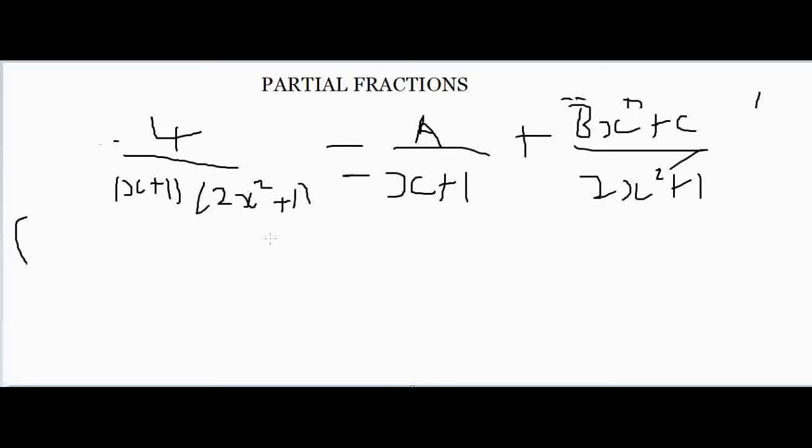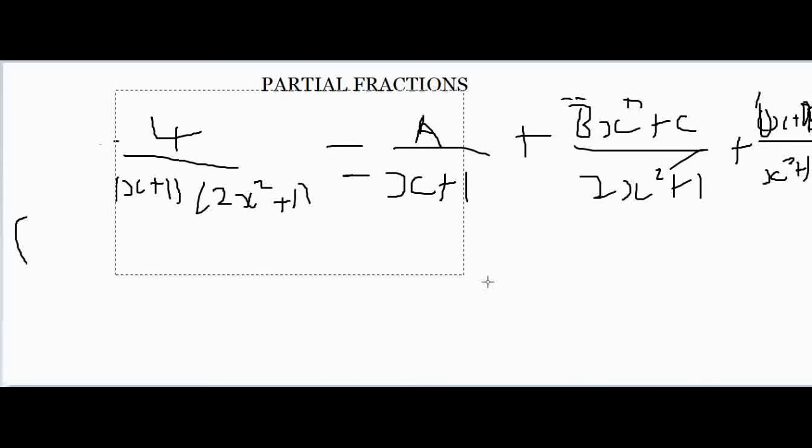If we had another quadratic factor, like say x squared plus 2, we would say dx plus e over x squared plus 2 to represent it. Okay, that's the general form if you have the quadratic factor, and of course you would work it out like how we worked on the first example.